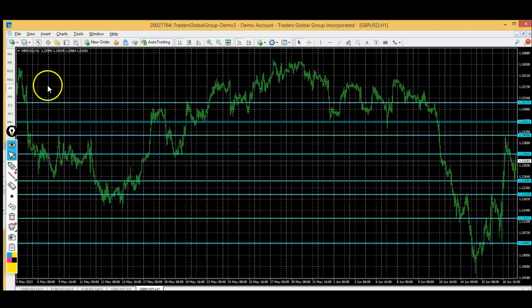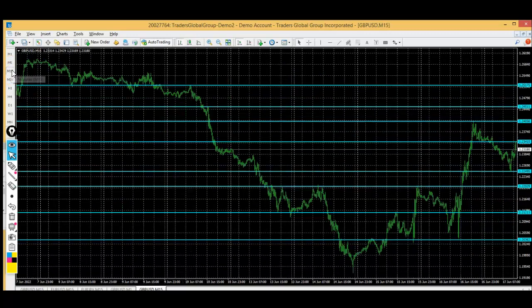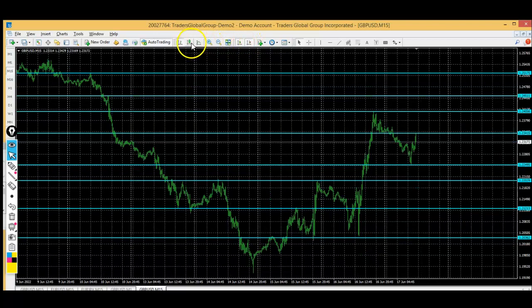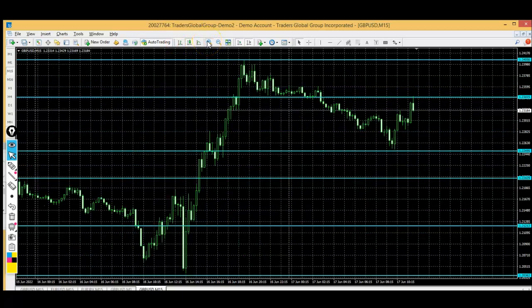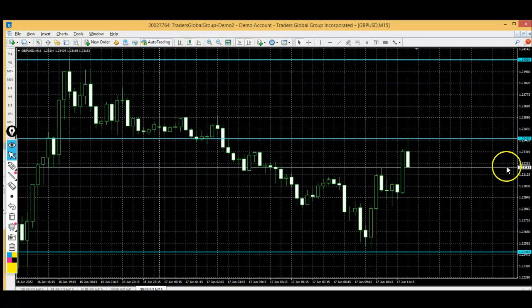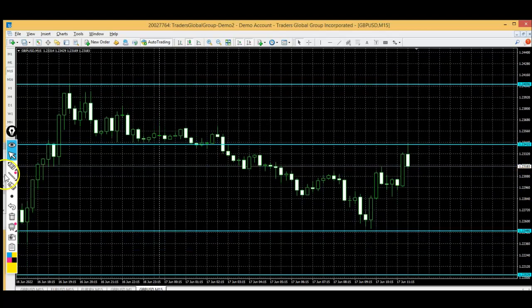What I then do is go to my 15 minute chart and put on the candles so I can see the candlesticks. So what can we see? We see that price has been moving down from this highest high.